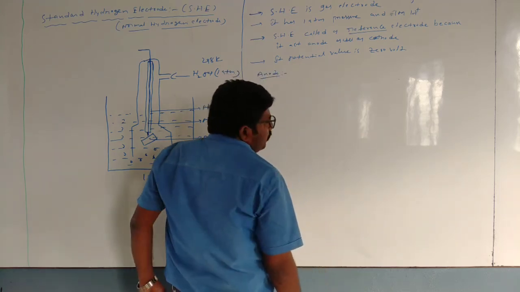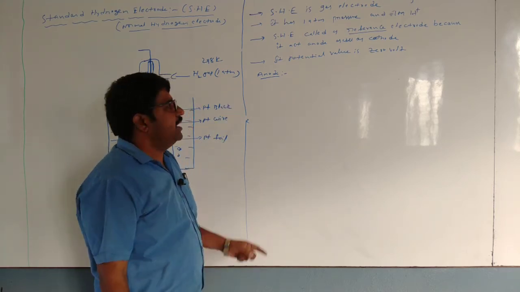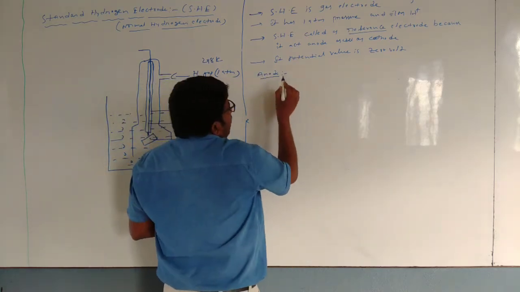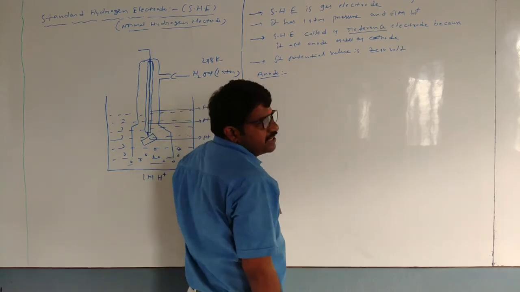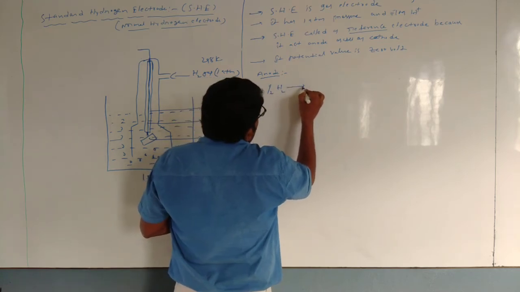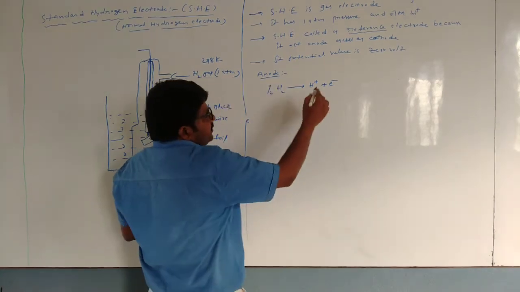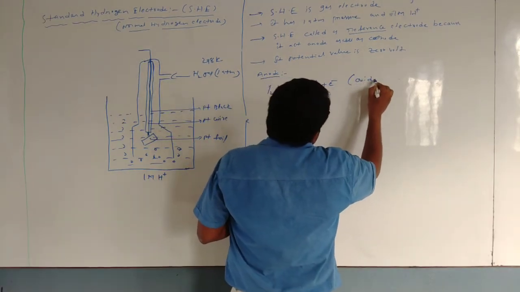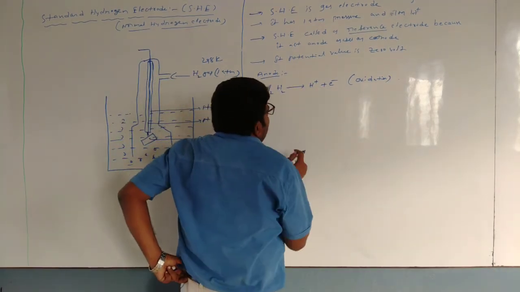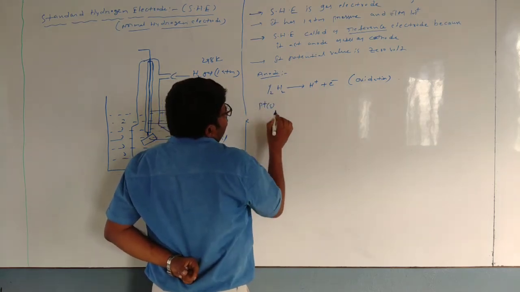Now when it acts as anode, how do we represent the cell equation? At the anode, oxidation reactions take place. Here half H2 is converted to H plus by releasing an electron, so oxidation takes place. For the cell reaction, platinum is an inert electrode.